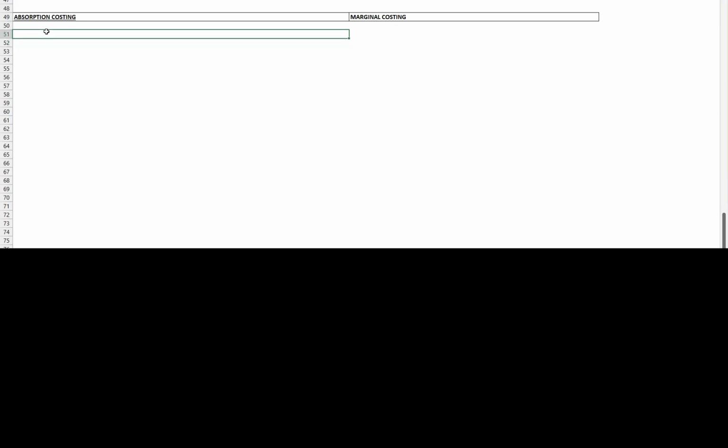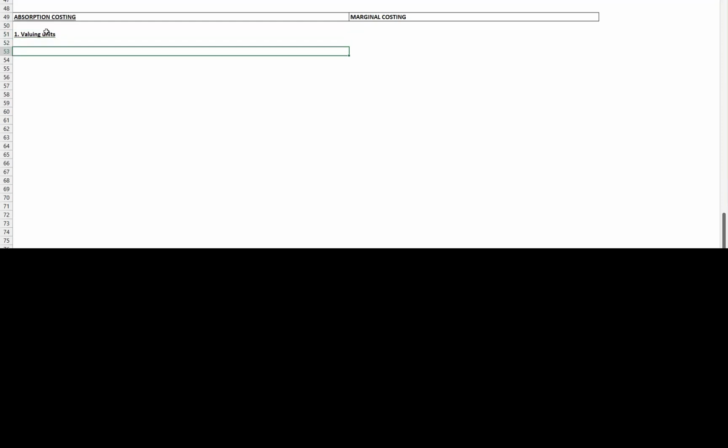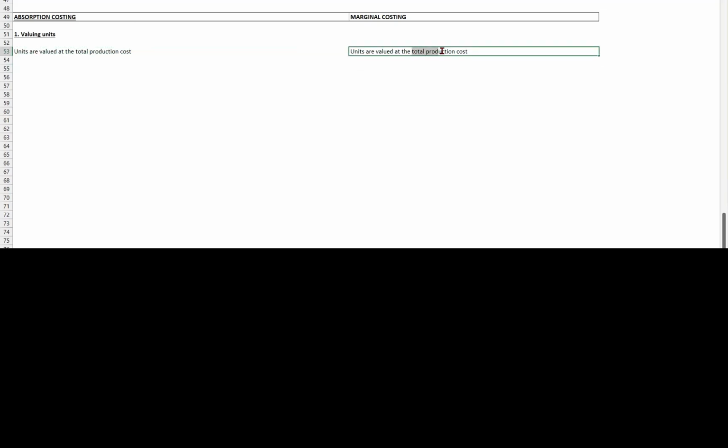Okay, so first we can differentiate according to the valuing of units, right? So in case of absorption costing, units are valued at the total production cost. Right, but if we talk about the marginal costing, here units are valued at marginal cost. And marginal cost means only variable cost.